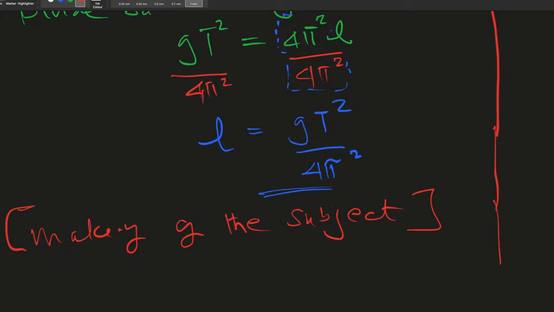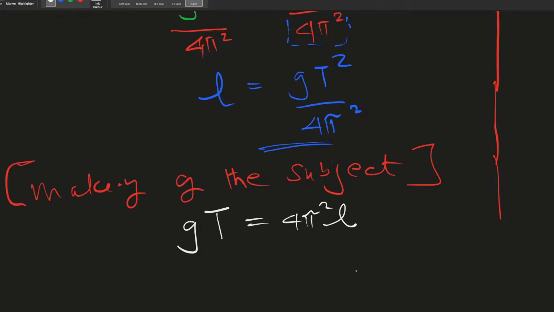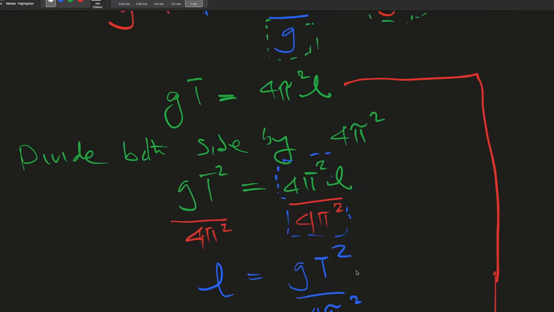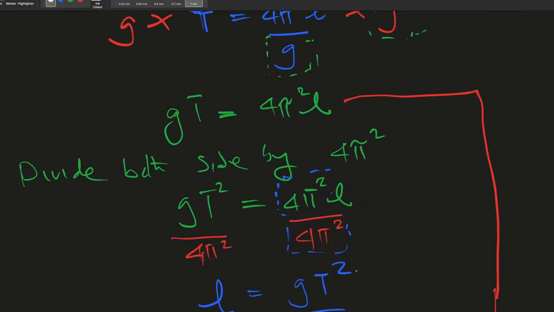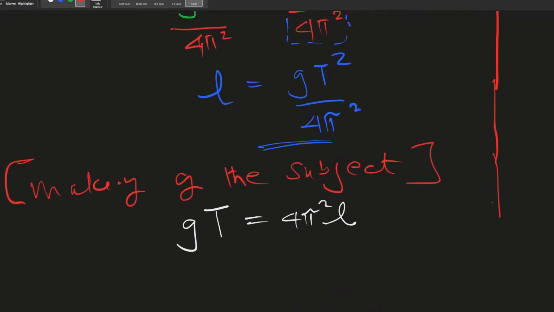We say GT is equal to 4 pi squared L. You see? So as from here, 4 pi squared L.